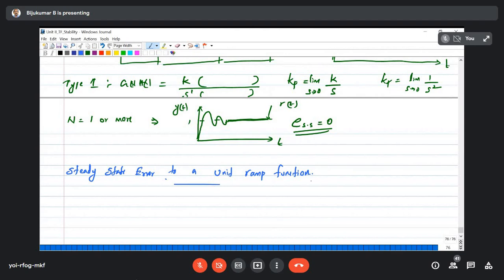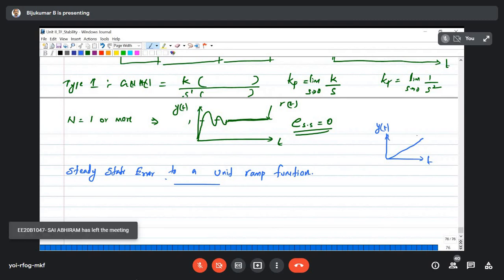We already saw that the unit ramp function is an unbounded input, right? Because when t tends to infinity, it will go to infinity only, right? But in some cases, we need to track the response for this kind of input variations also. In such a case, we have to analyze what the steady state error is when we are feeding a unit ramp function to the plant. Okay.